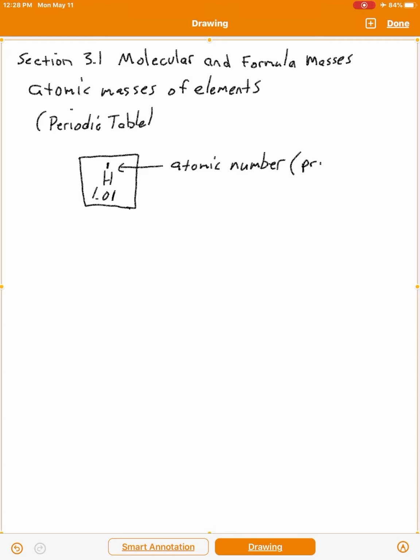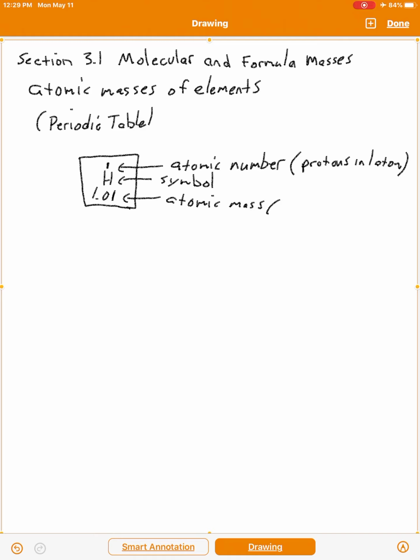Remember, this is the number of protons in one atom of hydrogen. So one atom of hydrogen has one proton in its nucleus. This is the symbol for the element. And then this below here, this is what we're talking about in this section, is the atomic mass.